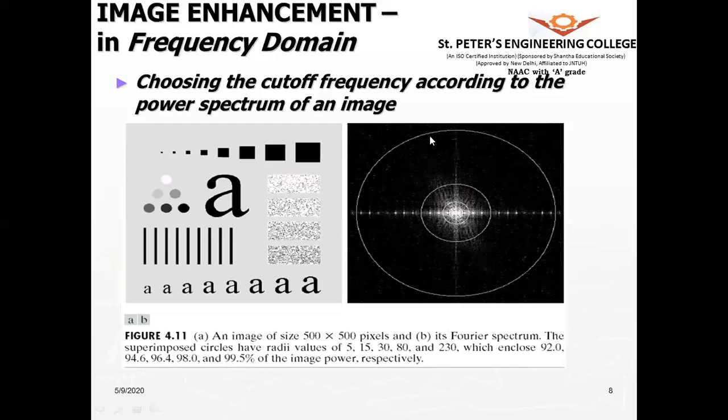And similarly, if you come to the outermost circle, which is having a radius of 230, it encloses 99.5%. So you see that the maximum is covered at the smallest radius of these circles. Beyond that, it is not much. So most of the power is represented here.